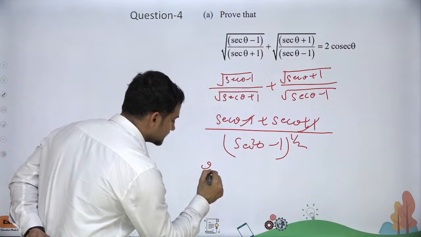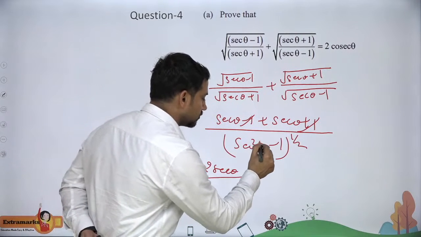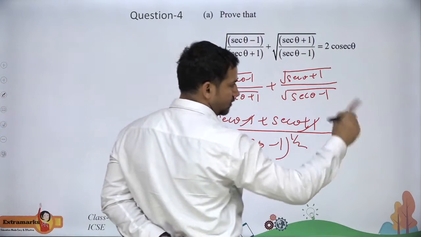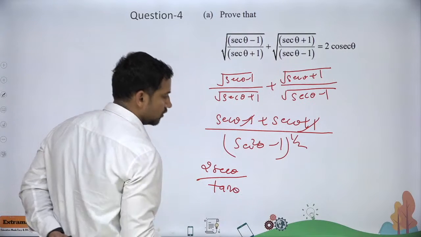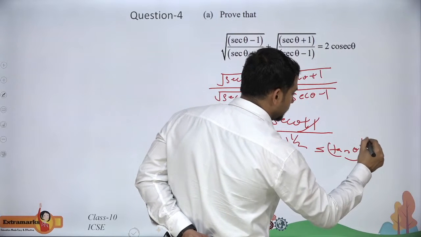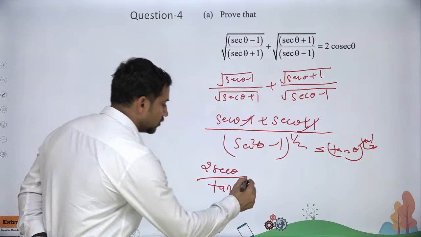Then 2 sec theta is equal to sec square theta -1, which is equal to tan square theta. And if we cut tan square theta, 1 by 2 is equal to tan theta. Tan theta will come after solving this, because this is equal to tan square theta into 1 by 2. Then we have to cut, and tan theta will come. Okay, then what is sec theta?